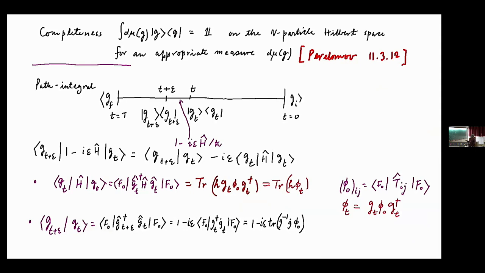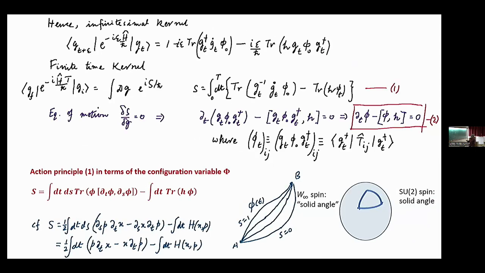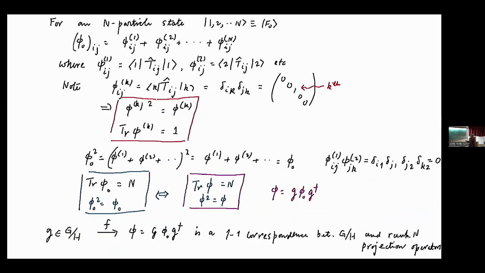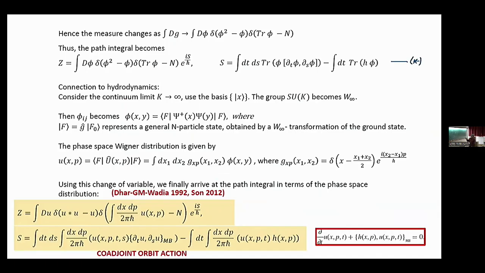I forgot to write here it is, this dg. So that just becomes the space of rank n projection operators, given by the integral over phi with these two constraints.